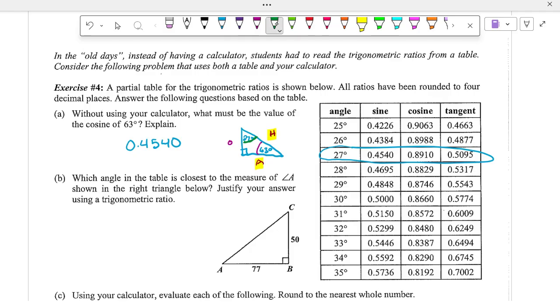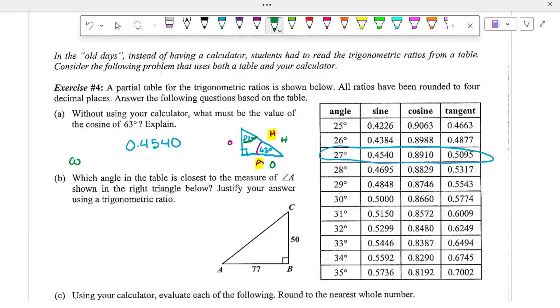So for 27, if 27 is now your reference angle, what's the adjacent now? The adjacent side for 63 is the what to 27? Is it the opposite, the adjacent, or the hypotenuse? It's the opposite side. So this would be the opposite side for 27, and we still have the hypotenuse as consistent.